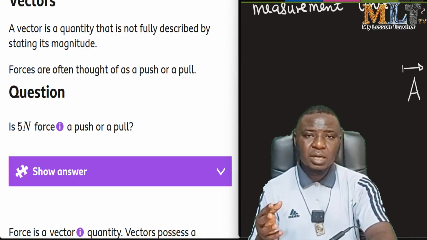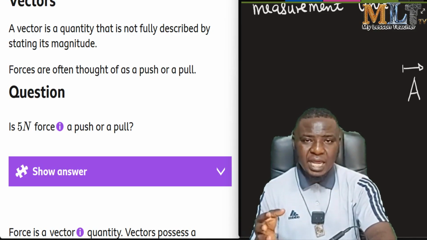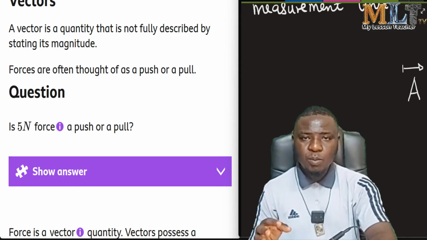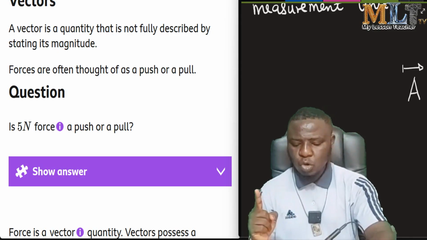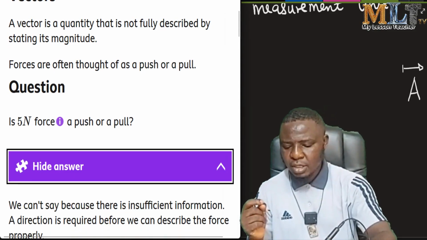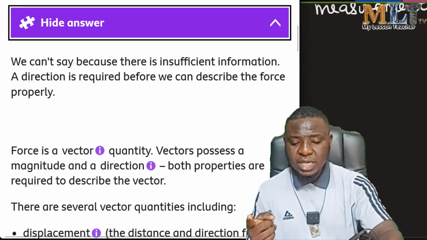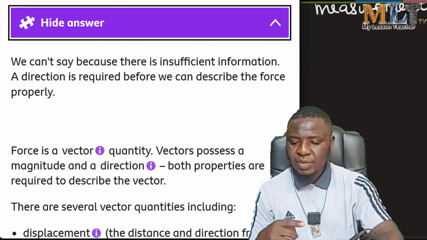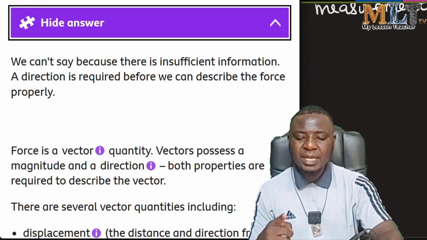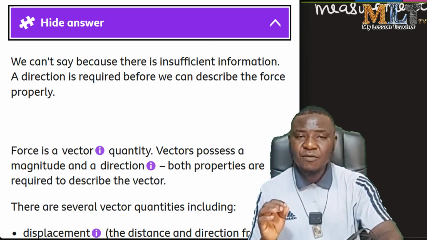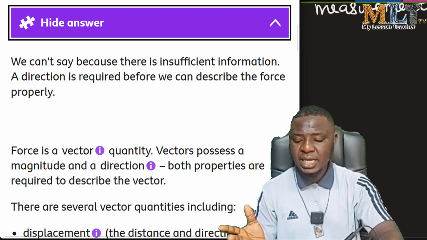So you cannot say it is neither a push nor a pull, but it can be a push or a pull. Let's see the answer. You can't say, because there's insufficient information. A direction is required before we can describe the force properly. Okay, that's what I said.